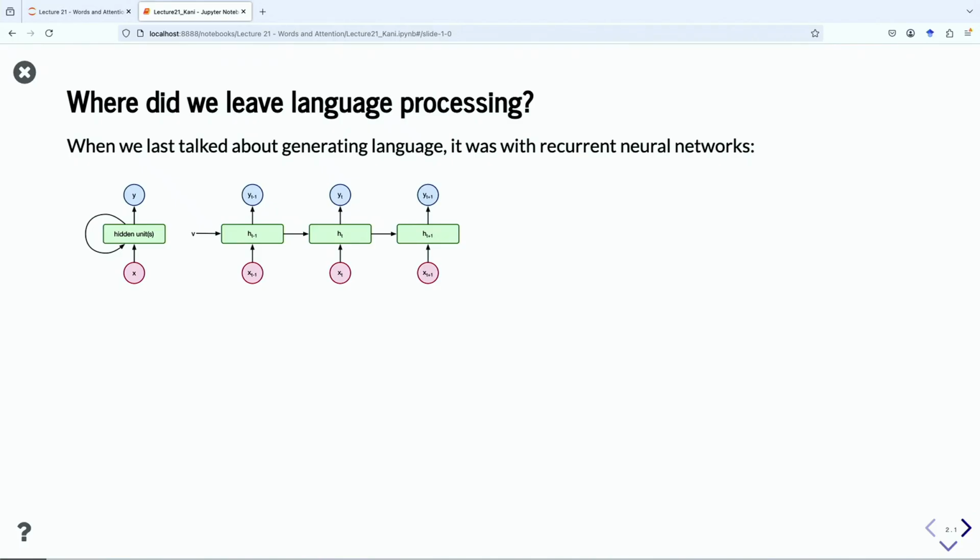Where did we leave off last time with text generation, or generative models in general? Last time we talked about generation, we were basically talking about recurrent neural networks, that you have a particular network that you can feed a sequence into, and it will give out a sequence, one or more tokens, right?